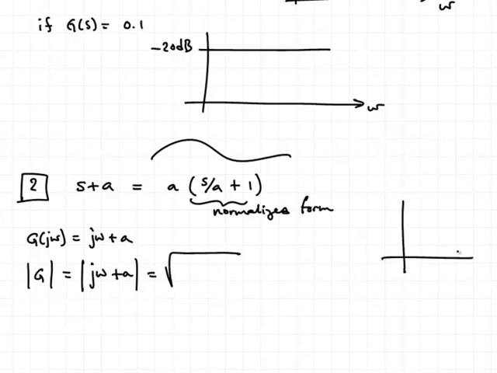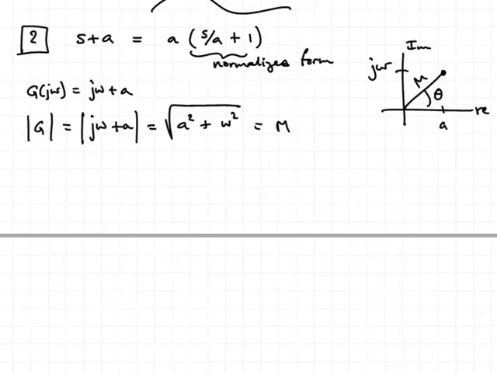We're looking at the real axis and imaginary axis, and we have this vector that has a real component of a and an imaginary component of j omega, and so it has a magnitude m, and some angle theta. So the magnitude is going to be the square root of the sum of the squares, and this is equal to m.